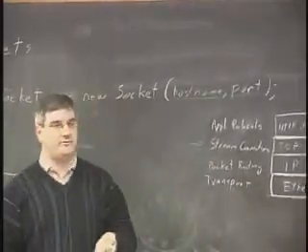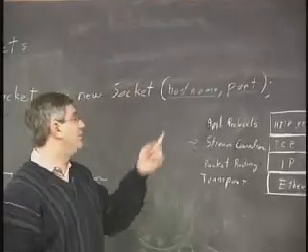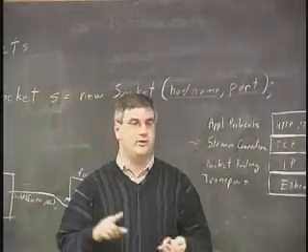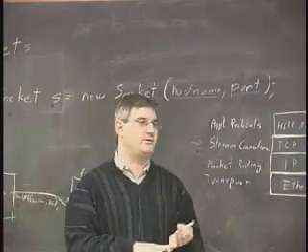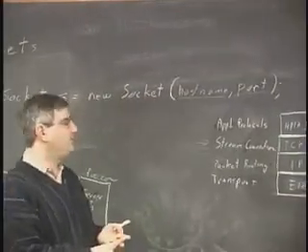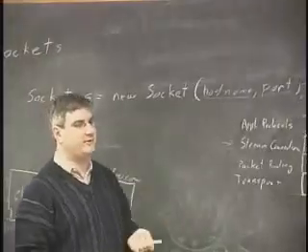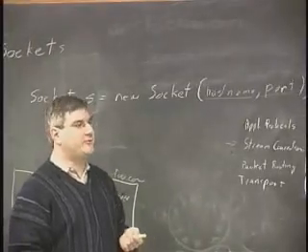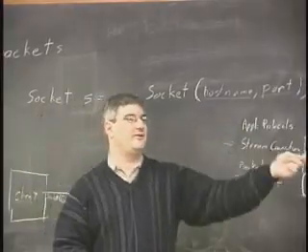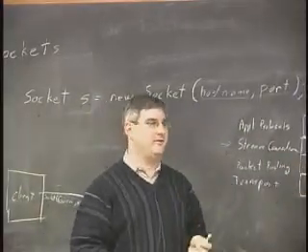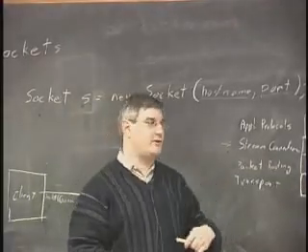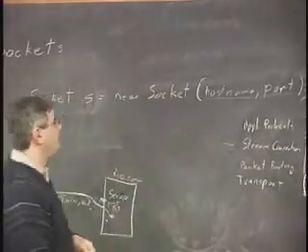The IP address could be legitimate, but the foreign machine could be down or unreachable or too busy to talk to you. Most of those are going to be indistinguishable because your attempt to connect will simply time out. Or if it's almost too busy to talk to you, it probably has enough CPU to send you a rejection and say, I am here, but I'm not going to accept your connection. That's another possible response.